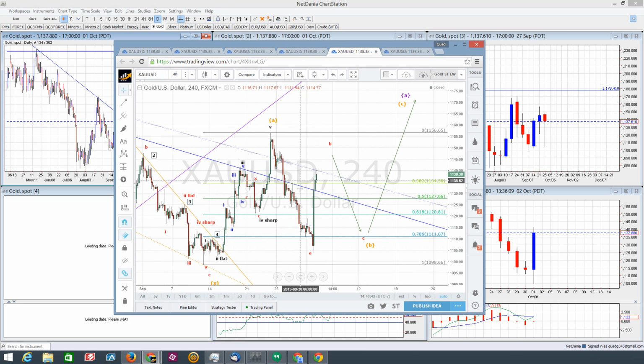But I think you could reasonably pick it apart and suggest that it's a zigzag to the downside, but you don't really have an outlying wave B, so that takes points off of that. So I'm going to call it an A for now, but it could be something else.